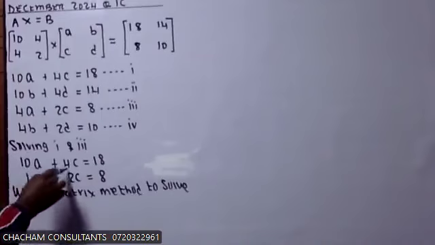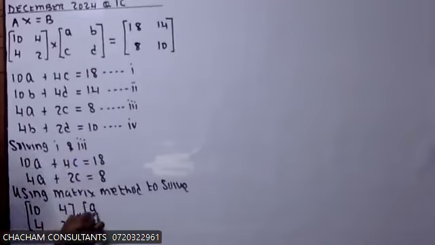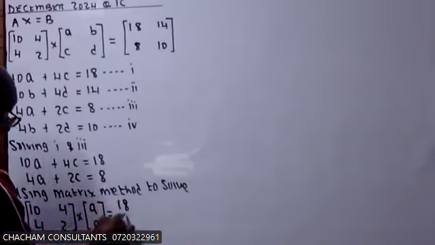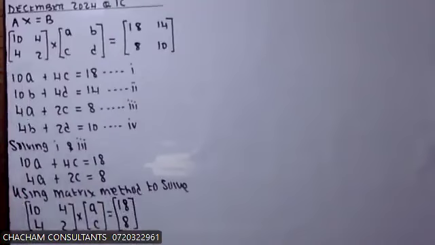We take these coefficients, so 10, 4, 4, 2, times these unknowns, that is A and C. Then you have the result matrix, 18 and 8.